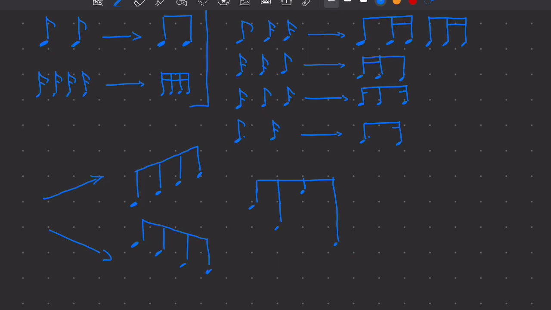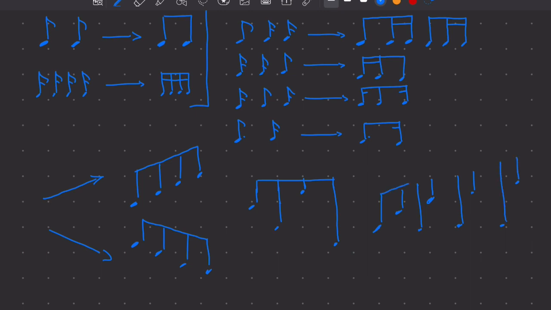Okay, so if you have notes that are moving up and down, and there's not really a discernible pattern to it, then our beam should be quite flat. But if I have a pattern that's moving in an upward direction and it keeps going up, then I could still show this pattern going in an upward direction.